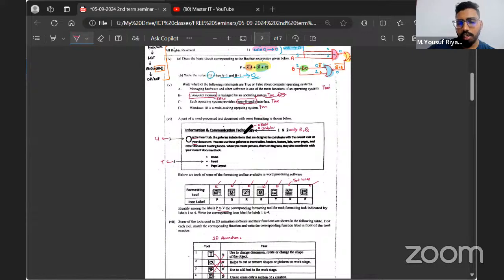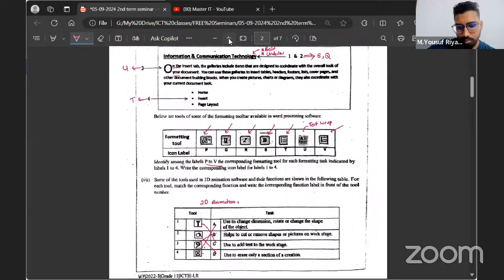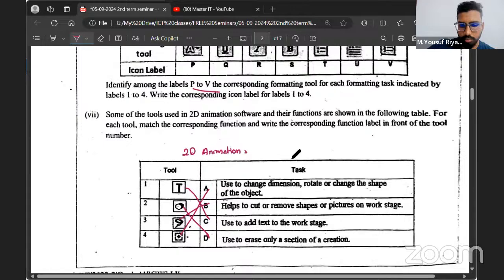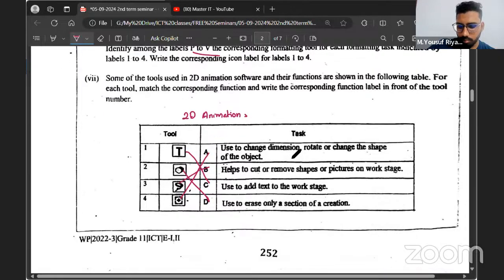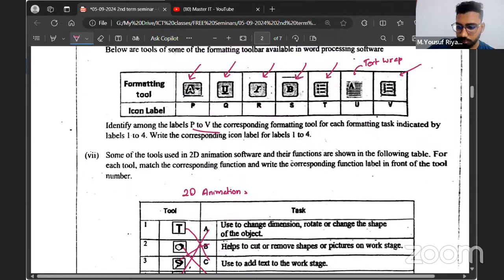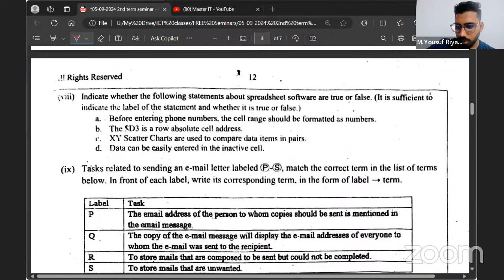The highest value in ASCII is 127. 128, sorry.